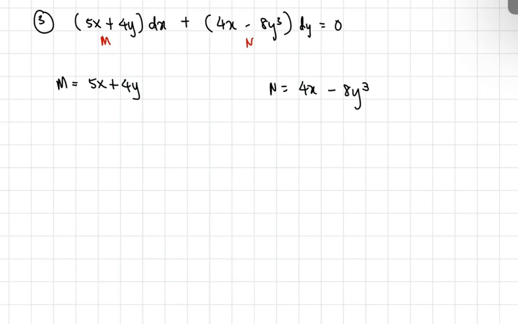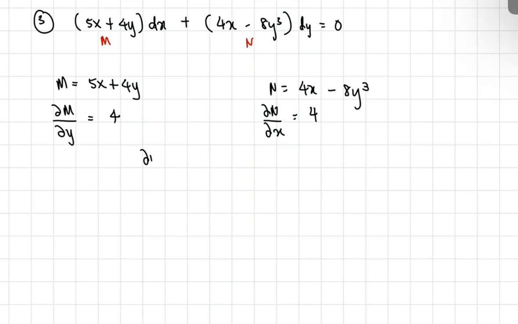To test the exactness, find the derivative of M with respect to y, so del m over del y. 5x is a constant, so the derivative will be 4. And for N, find the partial with respect to x. Here we only have 4x, so we get 4, and minus 8y cubed is a constant, so 0.